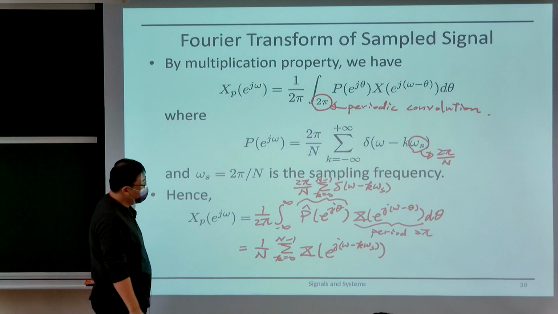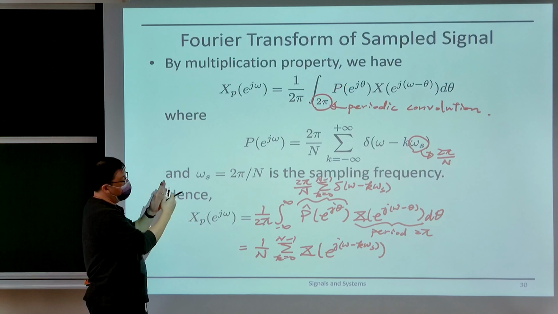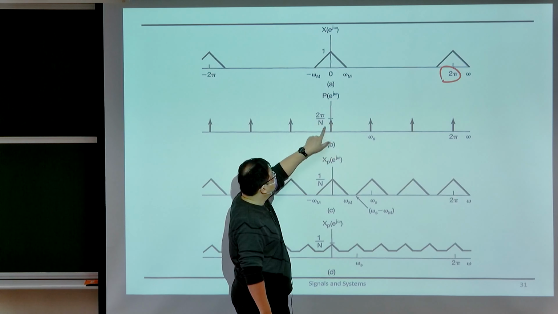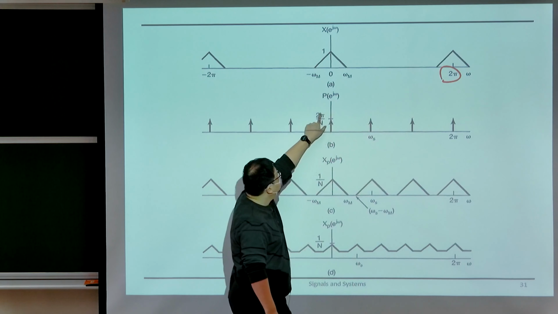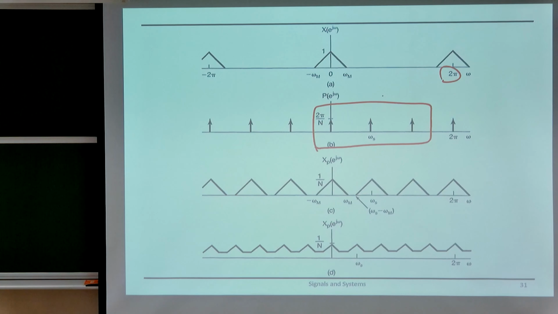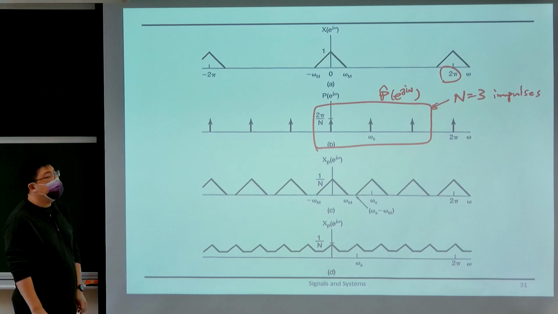Now to take the periodic convolution, we take p hat, that is p only over a 2 pi range. If you take this only over a 2 pi range, you get only these 3 impulses, which is p hat e to the j omega. Here N is equal to 3, so you have 3 impulses.